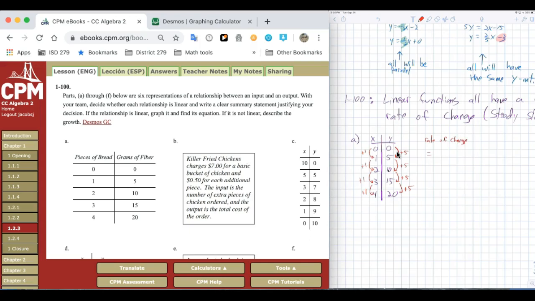It's going to be the change in y, which we said was 5, divided by how much the x has changed by, which is 1, which gives me 5, and the unit would be 5 grams of fiber per piece of bread. So 5 grams per piece. And because we have that steady rate of change, this is linear.